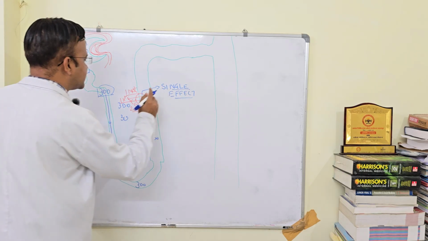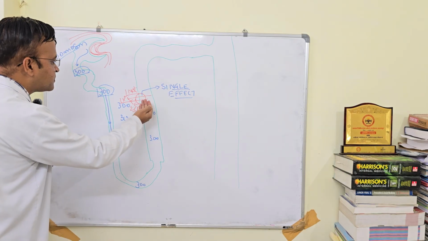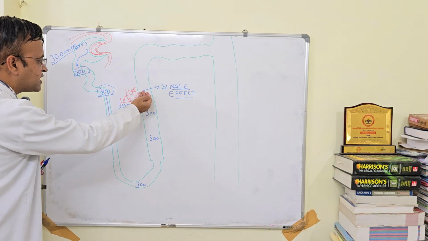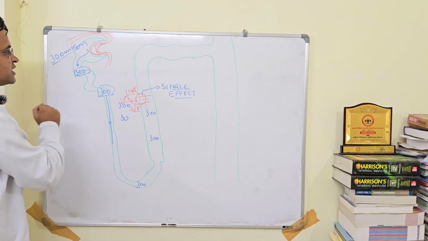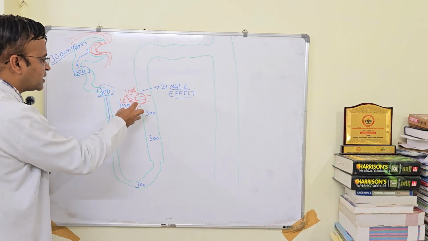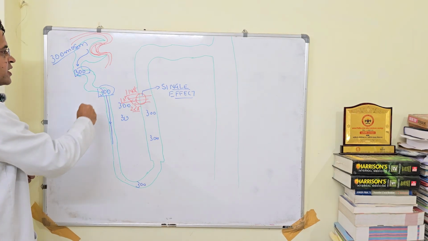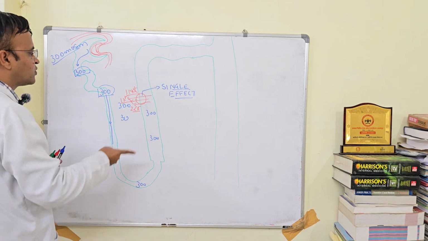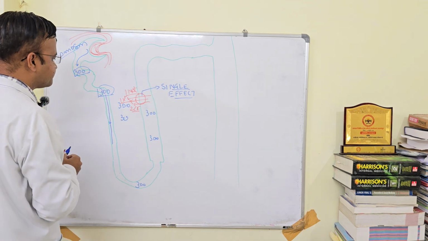Now single effect means that it is going to pump the solutes from inside the tubule into this interstitium, right? Now suppose it takes out 100 milliosmoles from here and pumps out 100. It creates a difference of around 200, right?